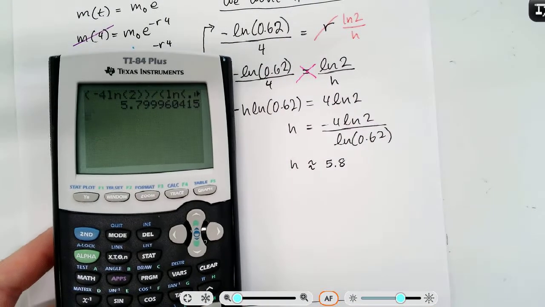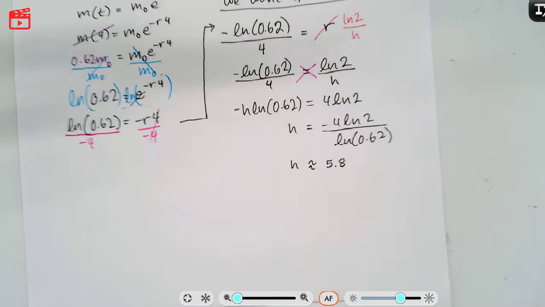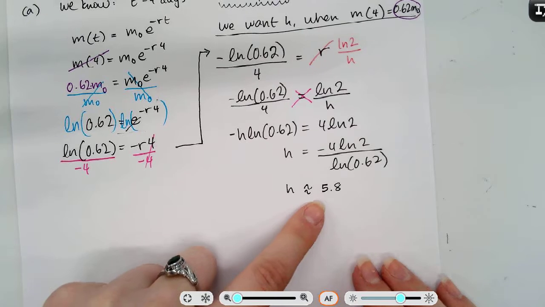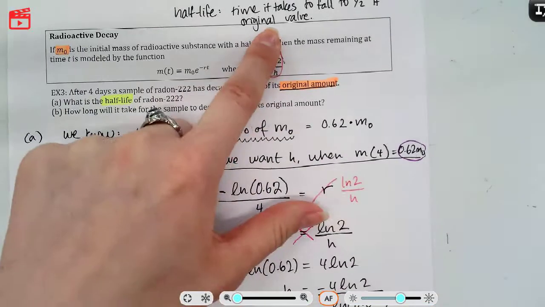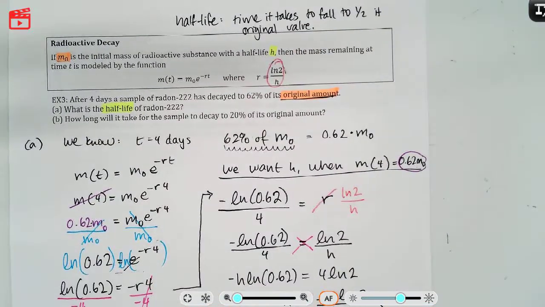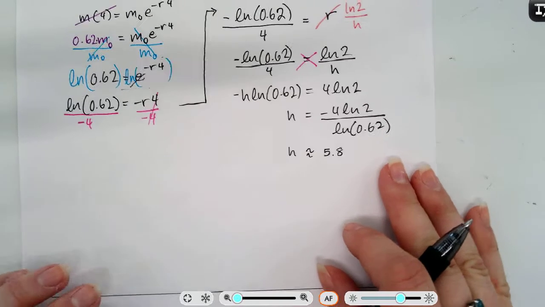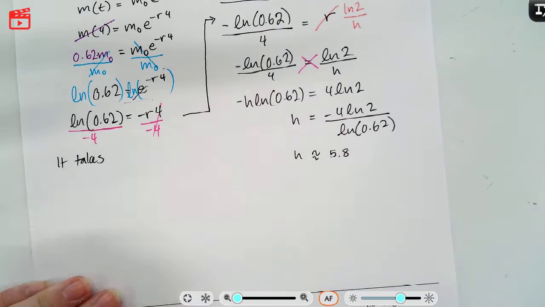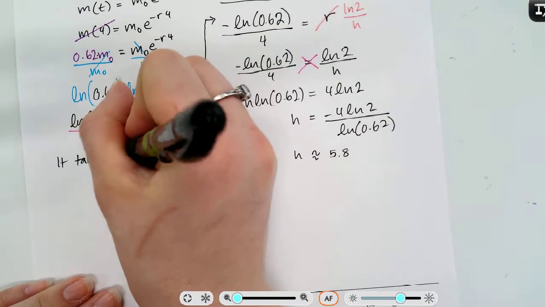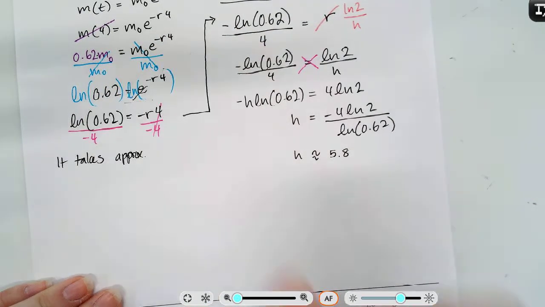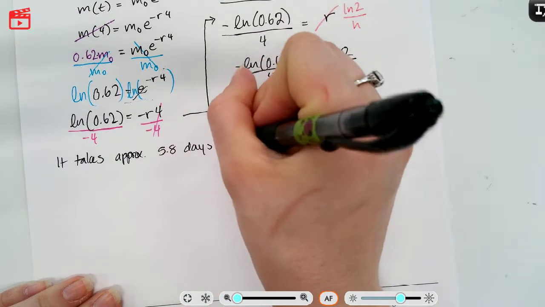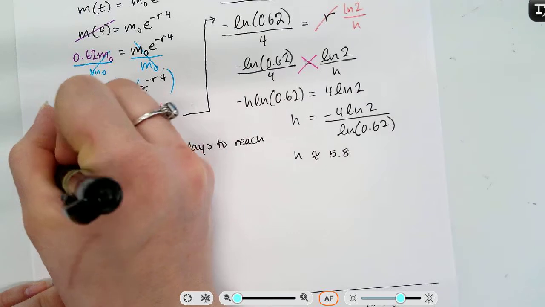So what is our answer for this problem? Well, this is the half-life. So what do we know about the half-life? That's the time it takes to fall to half of the original value. So approximately 5.8 days to reach its half-life.